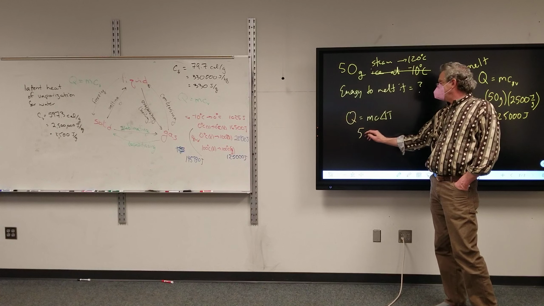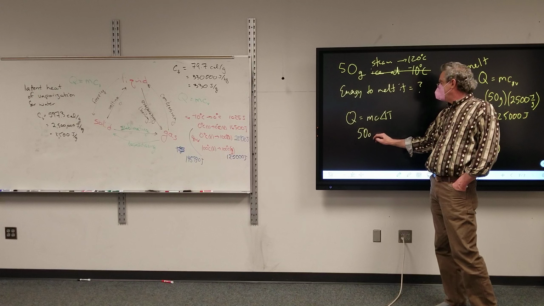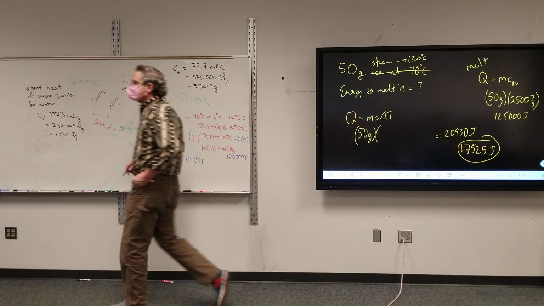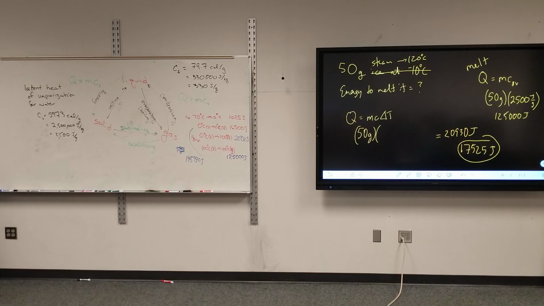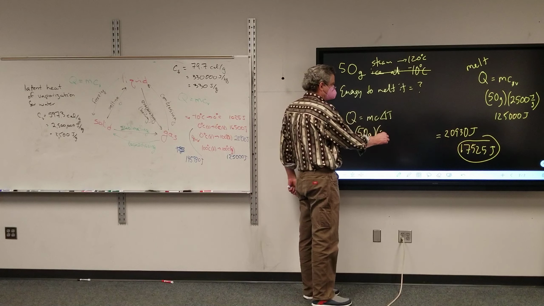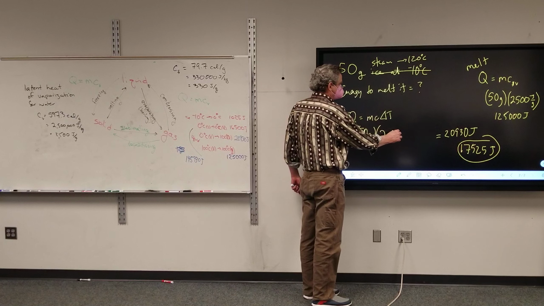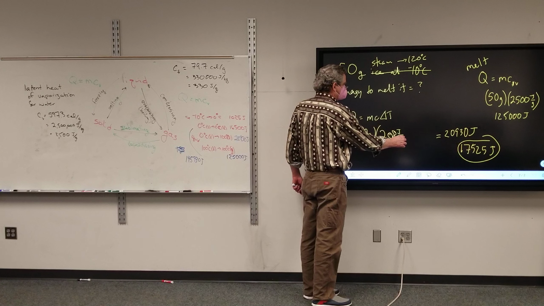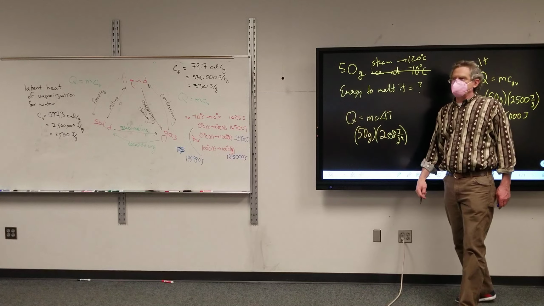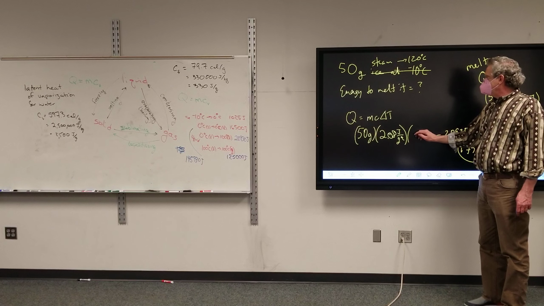And so, again, 50 grams times the specific heat of steam, which as I'm sure everyone knows, 2.08 joules per gram degree Celsius. Just like your kindergarten teachers taught you.